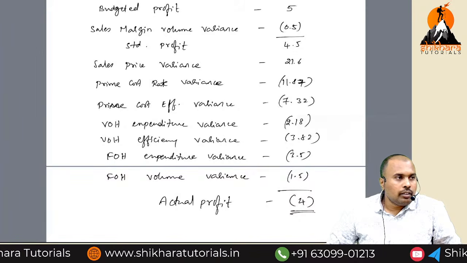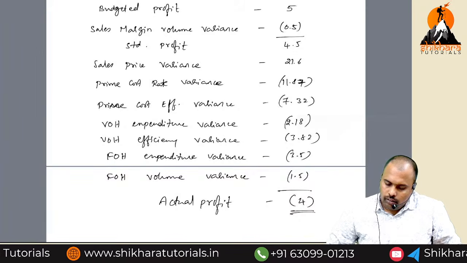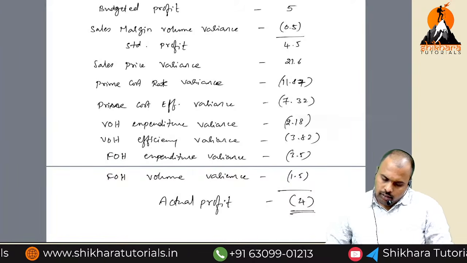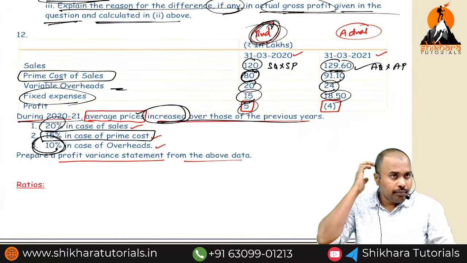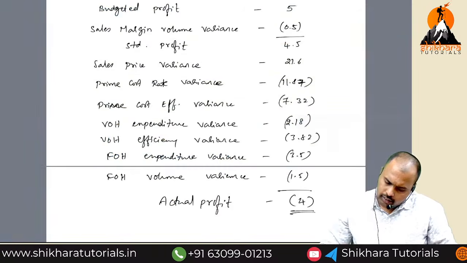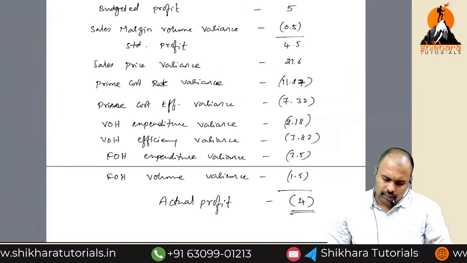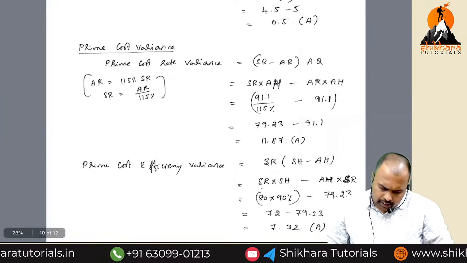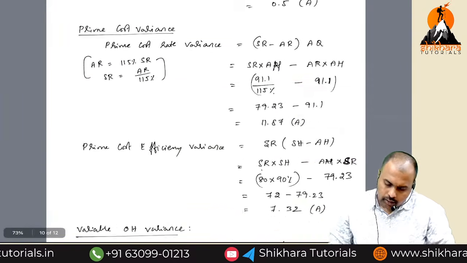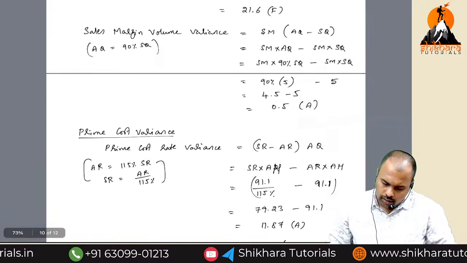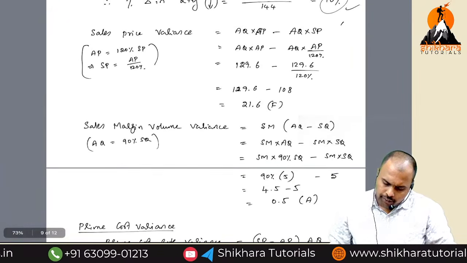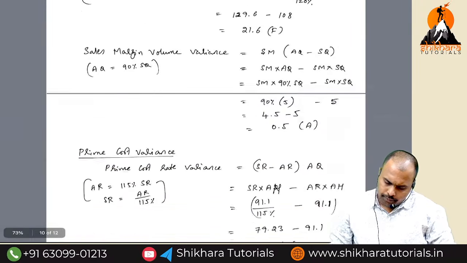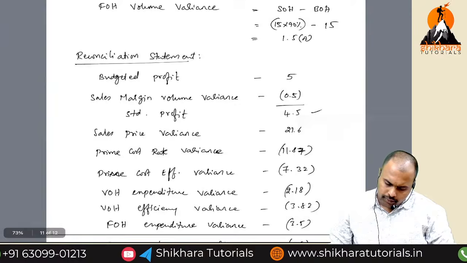Which one? So it is not tallying. It has to be 4, right? So it is not tallying. Let's check it. Budgeted profit, standard profit 90% is there, so it has to be correct. Price variance is 21.6, so correct only. 21.6 favorable.